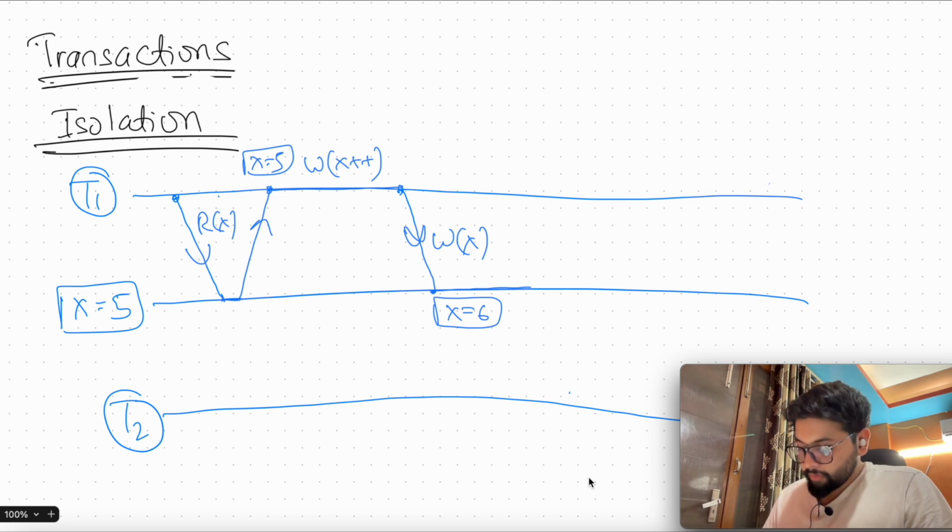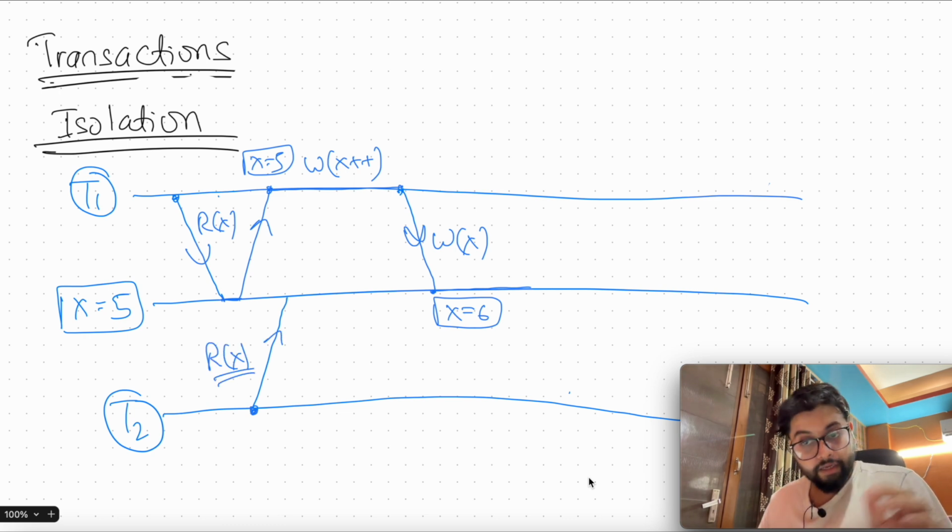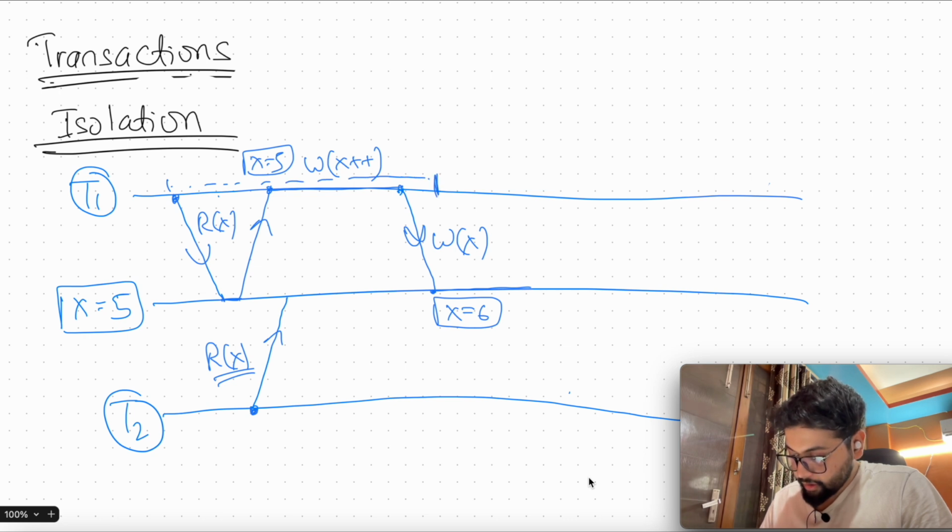Now the problem happening here was when transaction T2 tried to perform a read operation. In our previous example, we were allowing transaction T2 to read the value of x in the middle of transaction T1. Now, since this transaction started from here and gets committed here, in this period we will not allow any transaction to perform a read operation.